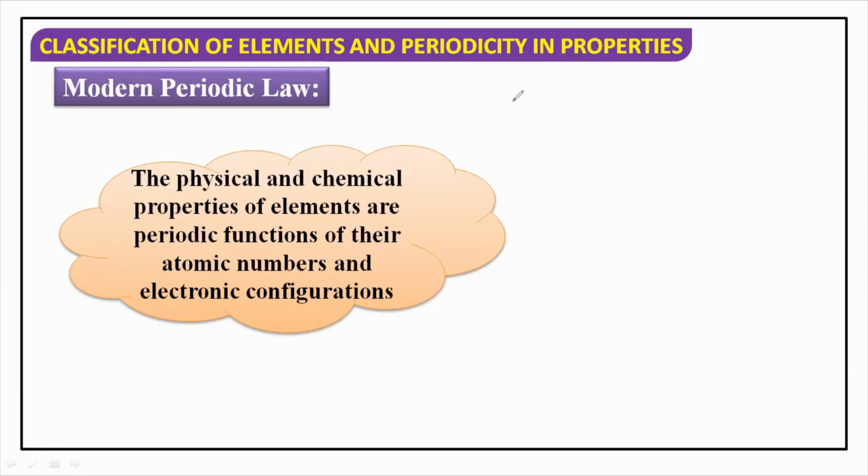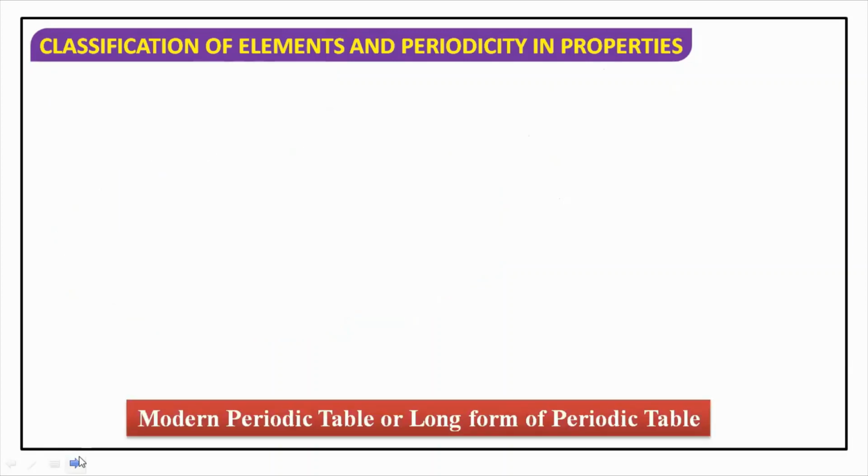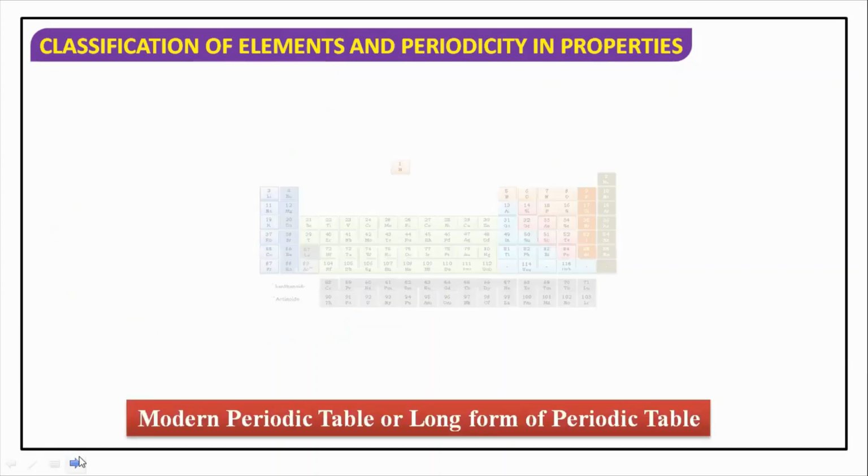It means that whenever we study any physical and chemical characteristic of an element, it is based on two parts: number one is atomic number, and second is electronic configuration. The periodic function of these two properties helps us understand the physical and chemical characteristics of the elements. The modern periodic table is also known as the long form of the periodic table.